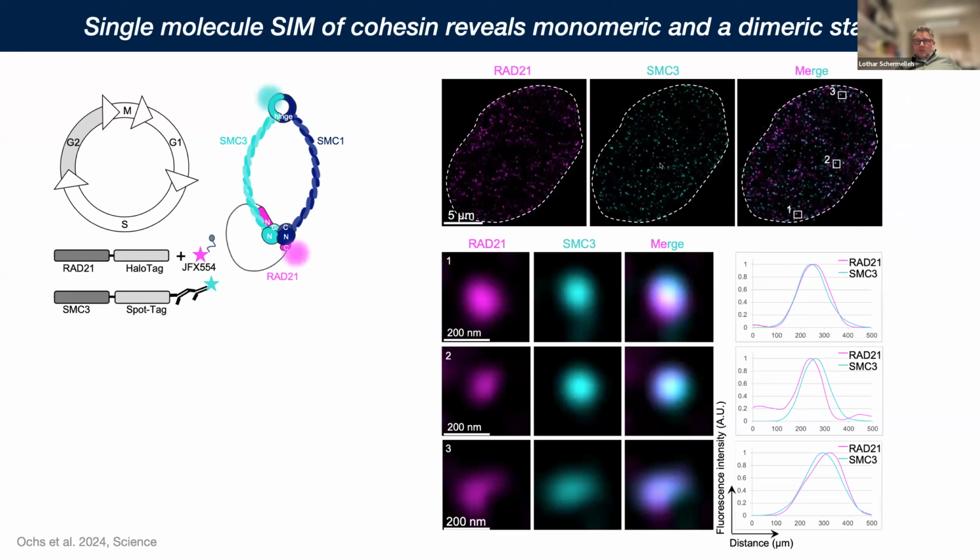Looking into this more closely with other marks, when you image RAD21 and SMC3, in this case with a SpotTag, still with a single molecule attached to it, you can nicely see co-localization of the same size spots at one cohesin molecule.